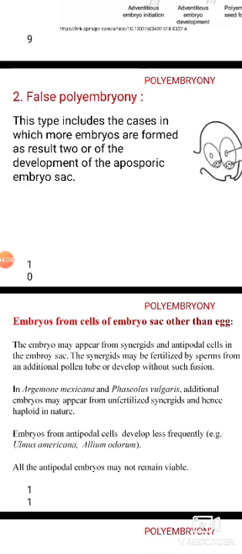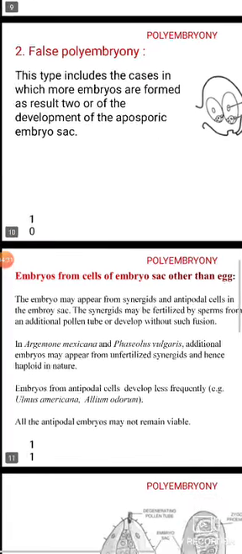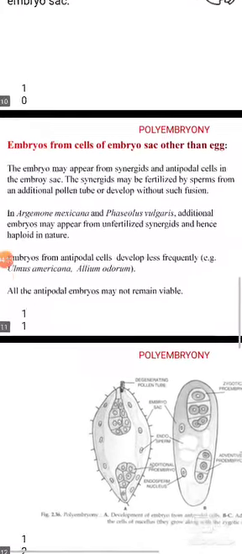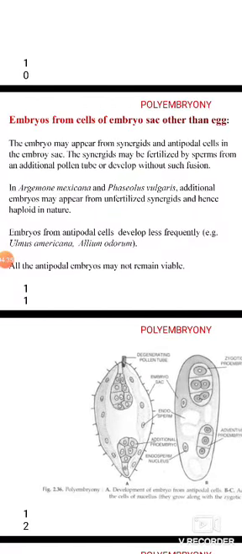The synergids, which are present in the embryo sac towards the micropylar region, may be fertilized by sperms from an additional pollen tube or develop without such fusion. In Argemone mexicana and Phaseolus vulgaris, additional embryos may appear from unfertilized synergids and hence are haploid in nature.